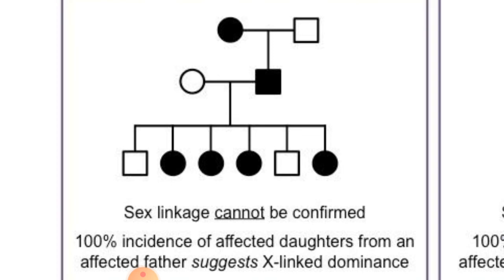So this means that the affected mother passed the trait on to the son, and in the son there is only one X chromosome, that is from the mother. So the character expresses itself in a single dose. When he marries a woman who is unaffected, he produces daughters who are all affected.